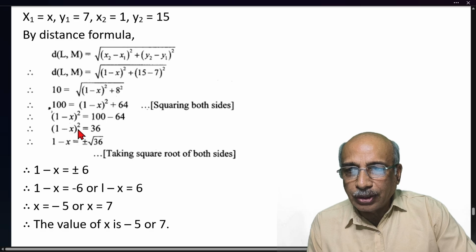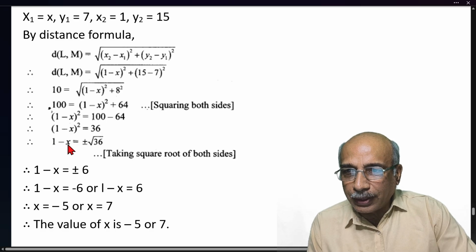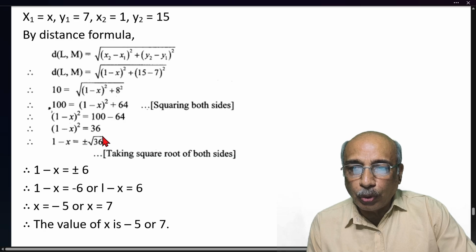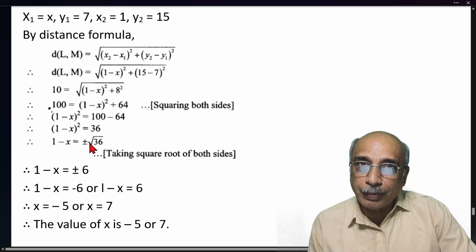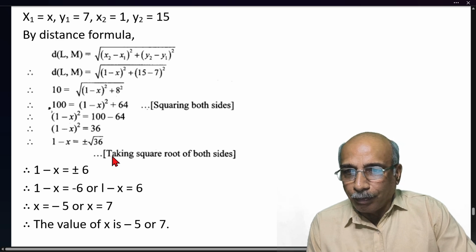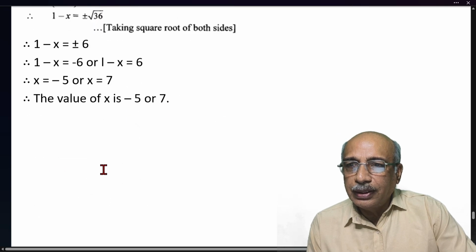Here directly the square root on both the sides is taken. Therefore (1 minus x) square, its square root will be 1 minus x equals root of 36. But when we take square root on both the sides, plus minus sign comes. Taking square root of both the sides, we get 1 minus x equals plus minus 6.